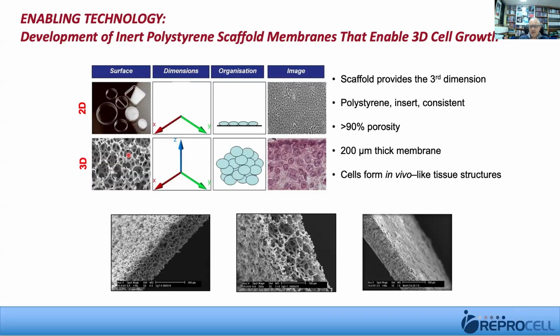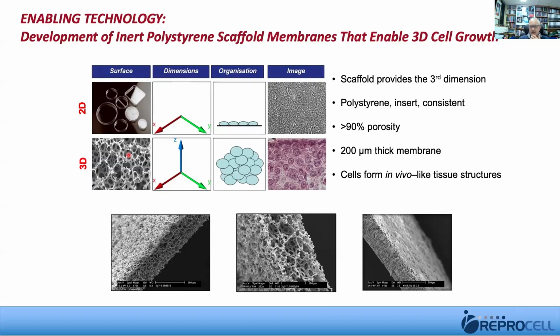Essentially what happens is that the cells come into contact with this material, they go inside and on the surface, and rather than flatten out as in a 2D culture, they retain their 3D structure and they interact with their neighboring cells in a three-dimensional environment.